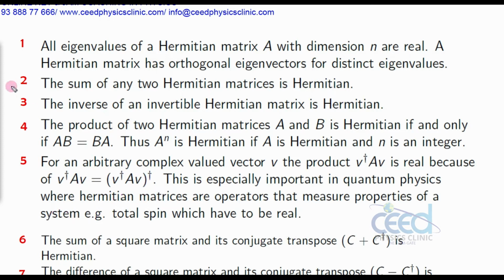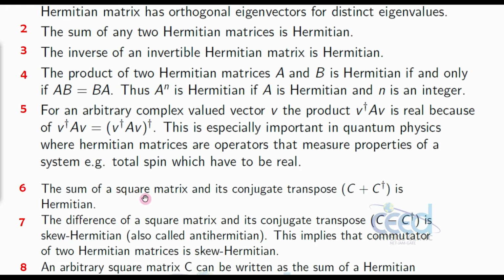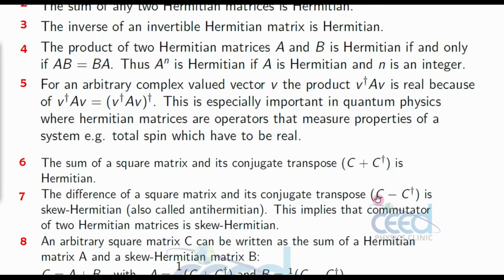Now the sum of a square matrix and its conjugate. Suppose you have a matrix C and you add its transpose conjugate to it, then you will get a new Hermitian matrix. Similarly, if you take the difference between a matrix and its transpose conjugate, then the resulting matrix will be skew Hermitian.